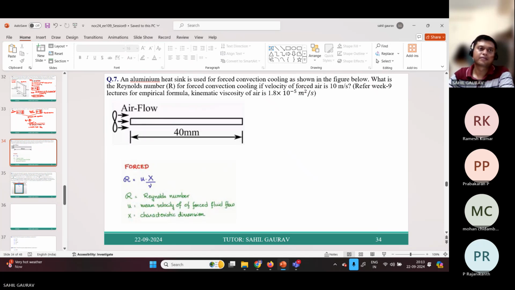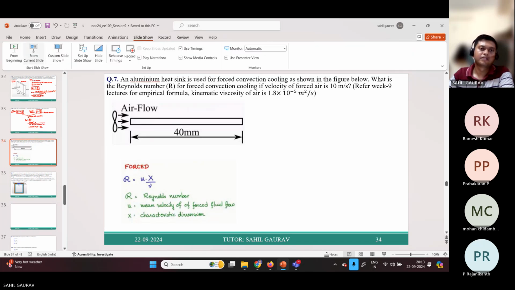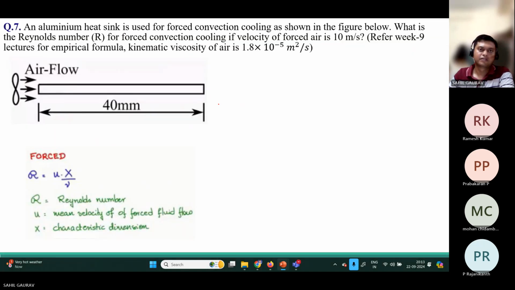This R value, Reynolds number, we have to find. What are the values given? U, the mean velocity of forced air, is given as 10 meter per second.